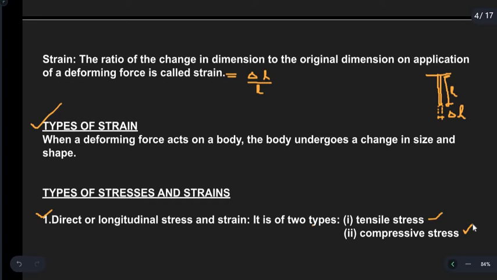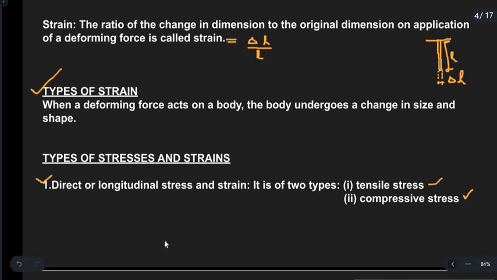Let me tell you what tensile stress and compressive stress are. This is a body. For example, you are applying a force in this direction and in this direction, so you are basically trying to elongate, or stretch, the body.